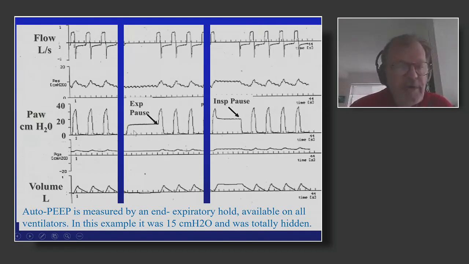So the way to measure the auto-PEEP is to perform an occlusion at the end of expiration. It's called an end expiratory hold. This is a function which exists on any ICU ventilator. And you see in this patient, this was spectacular because the real pressure inside the lung of this patient was much higher than expected, in the range of 15 centimeters of water, which had many deleterious effects like hemodynamic depression.